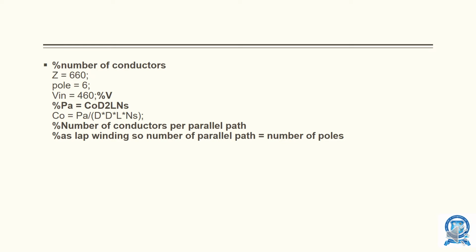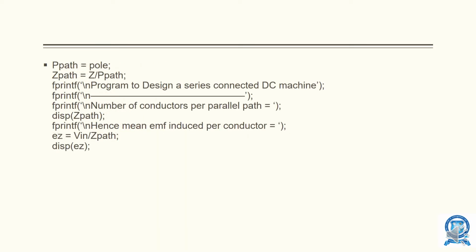Wherever we are mentioning a percentage symbol, that is not program syntax, it is mentioned just for your understanding. So P path is equal to number of poles, the number of parallel paths. Z path is equal to Z by number of parallel paths.